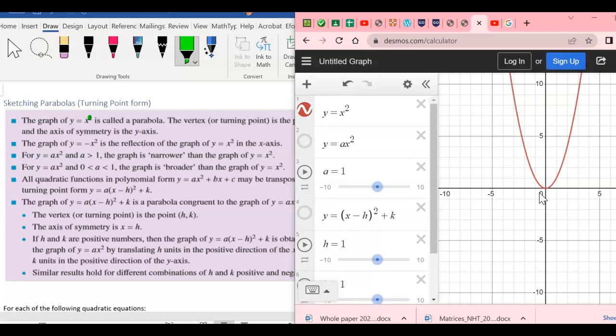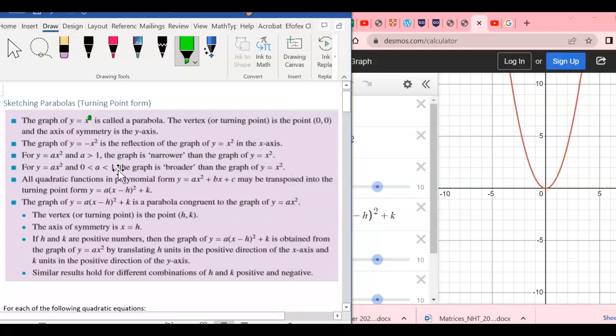So if you think of your body, if you cut yourself vertically, you would have one eye either side, one arm either side, one leg either side, etc. Whereas if I was to cut horizontally, maybe at your hips, you've got your legs and then you've got your torso and your head, and it's not symmetrical. So axis of symmetry just means you're cutting it vertically and it's symmetrical on both sides.